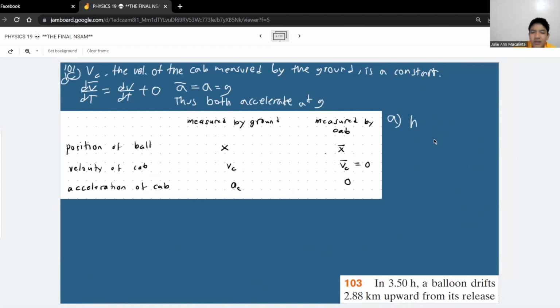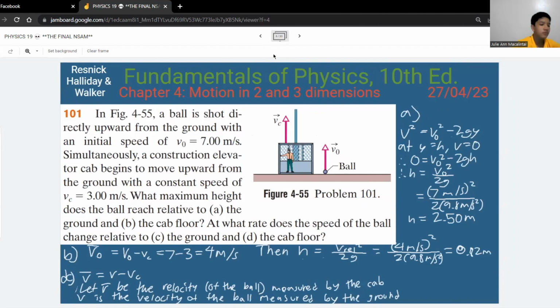So that's yung measured by the ground, definitely the same pa rin. And then yung cab naman, diba? Ngayon, ang problema ay ano yung magiging maximum height as measured by the cab? You can't use the same formula kasi yung measured accelerations will not be the same.